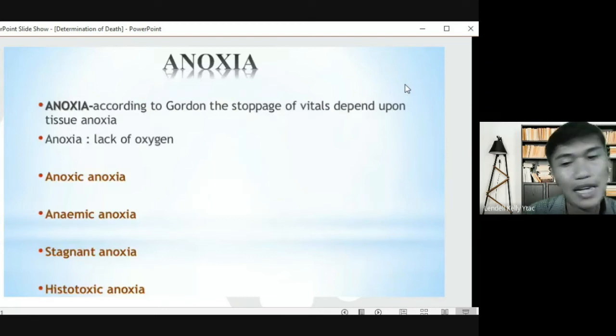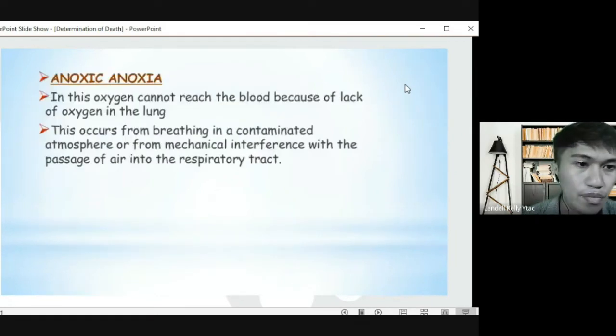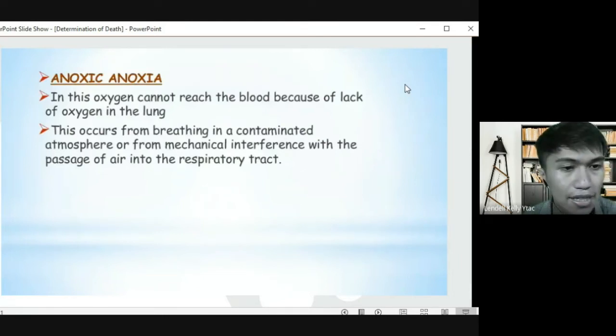So let's discuss what these types of anoxia are, or states where there is a lack of oxygen being delivered in our body systems. When we say anoxic anoxia, this is a state when oxygen cannot reach the blood because of lack of oxygen in the lungs. Most likely, this relates to respiratory problems: COPD, asthma, tuberculosis, COVID-19 disease, or SARS-CoV-2.